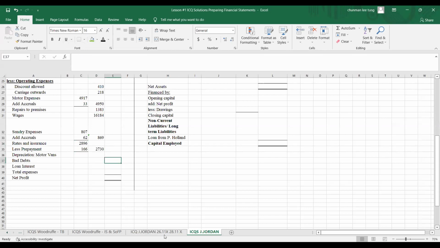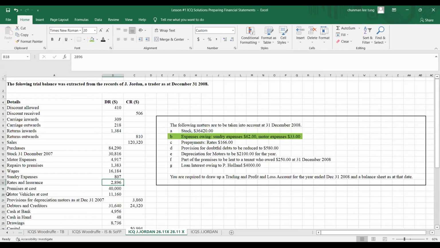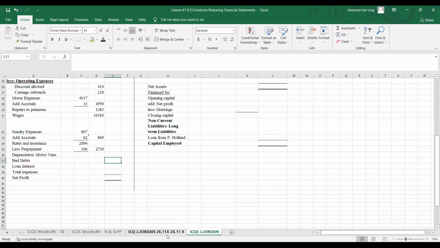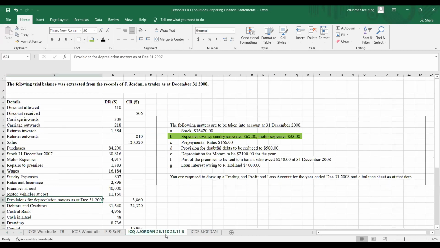Let's look at the next expense. Premises at cost, motor vehicle at cost, depreciation. Sorry, it's provision for depreciation, motor vans. So you don't depreciate land. Land only appreciates. So premises at cost, this says 40,000.